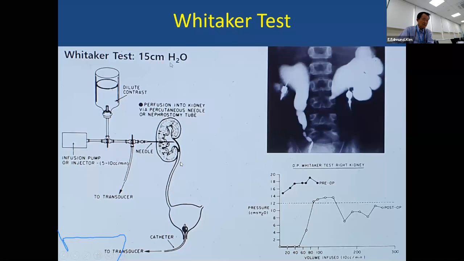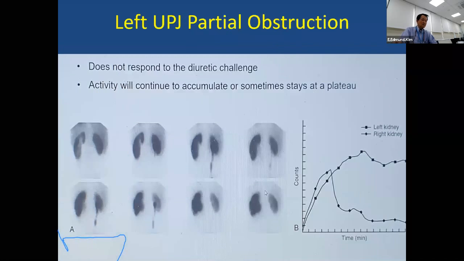There are some gray zones. So this invasive test is not accurate, so it's clinically almost abandoned. But we still use a nuclear study.